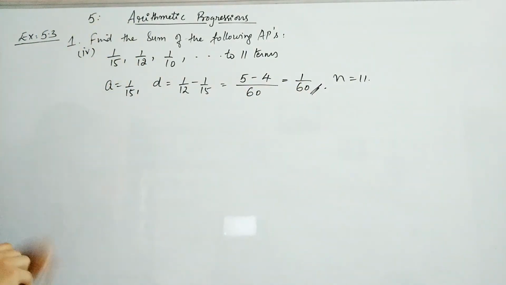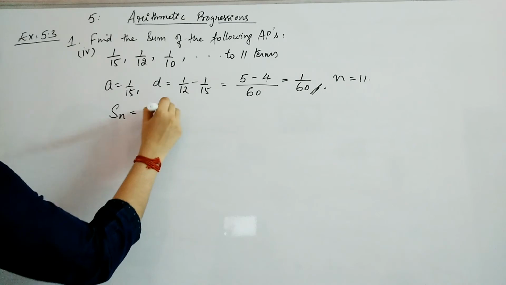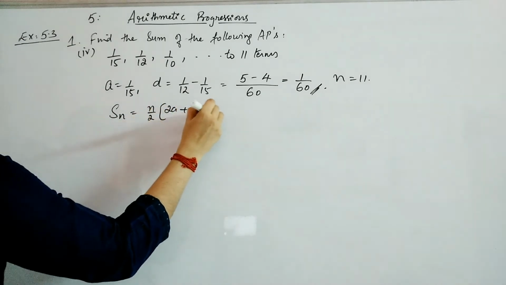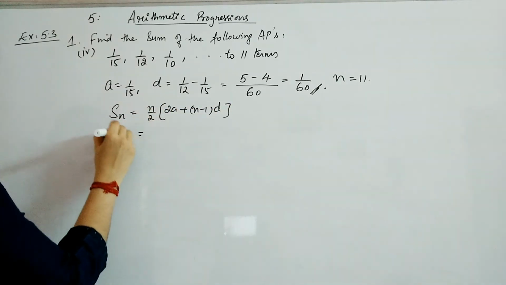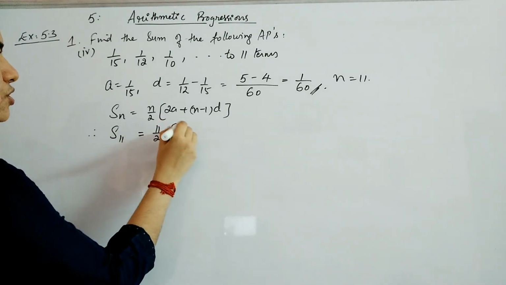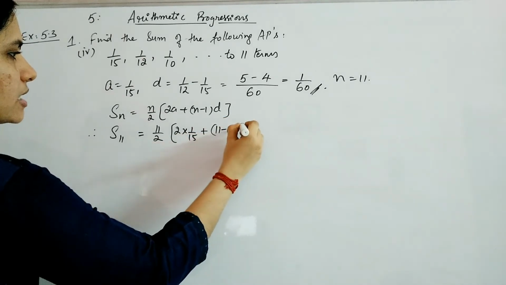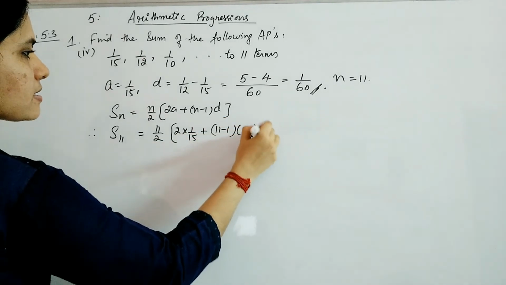11. Right? Now we will start with Sn is equal to n by 2 into 2a plus n minus 1 into d. So S11 will be 11 by 2 into 2a is 2 by 15 plus n minus 1, 11 minus 1 into d is 1 by 60, right?